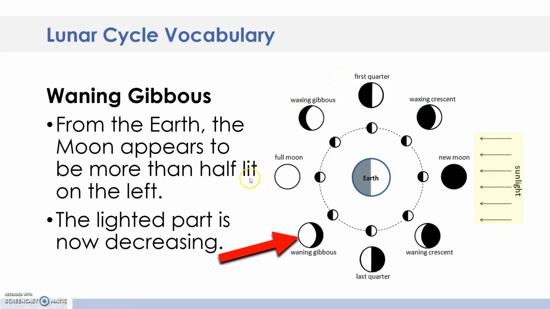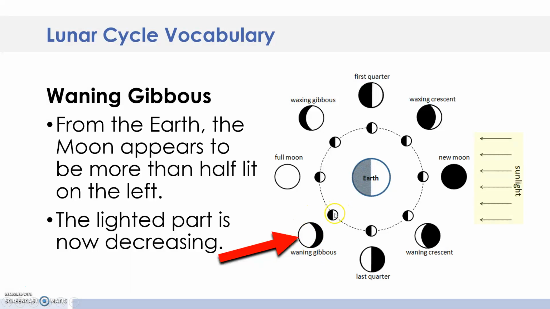We move to the waning gibbous over here. So waning now means that the light is shrinking. So waxing, light's growing. Waning, light's shrinking. From the Earth, the moon appears to be more than half lit on the left. So we go from that completely bright to now the light is starting to decrease here.